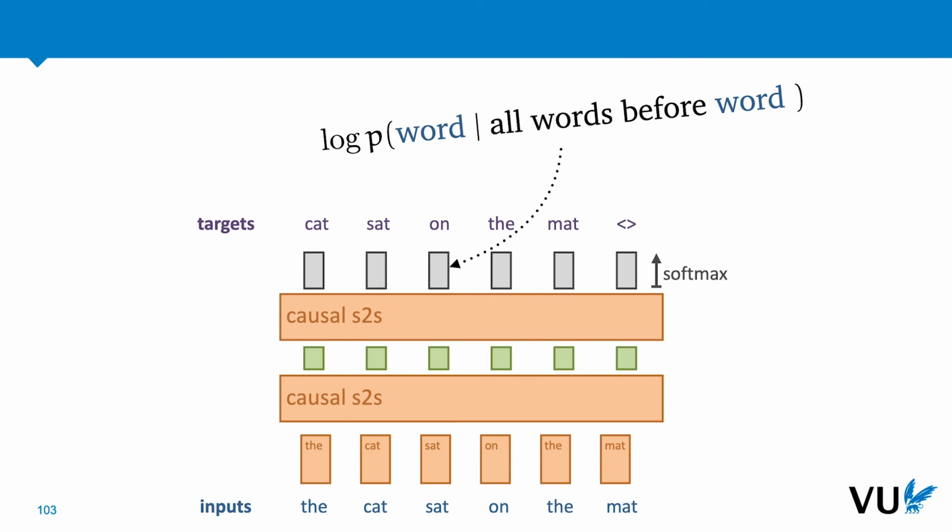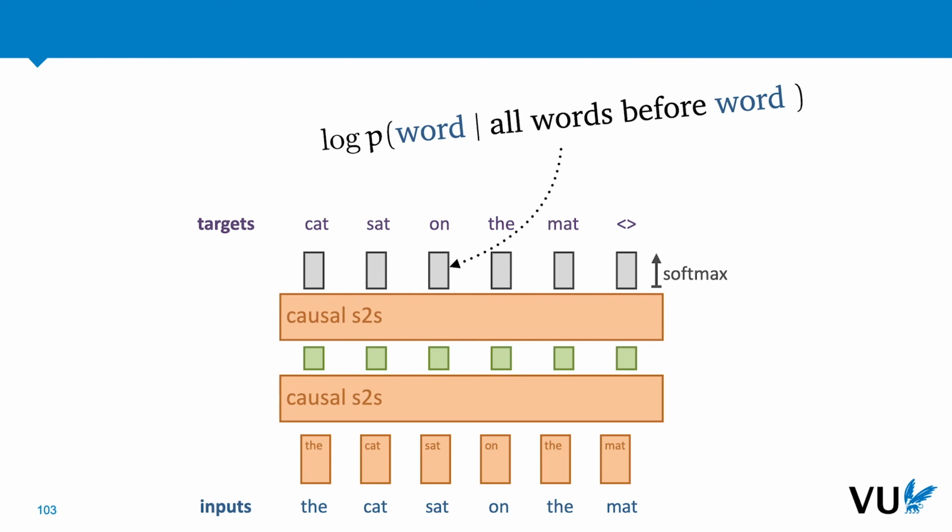to the left. If we train our neural network like this, and we have an output layer over the vocabulary that is softmaxed so that it gives us probabilities over the vocabulary, we can interpret every single probability vector that this output gives us as the probability that we'll see a word given that we've seen the words that come before it.